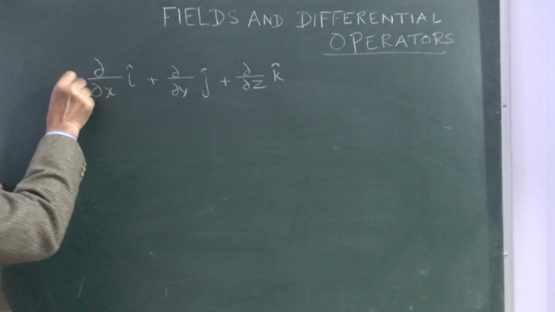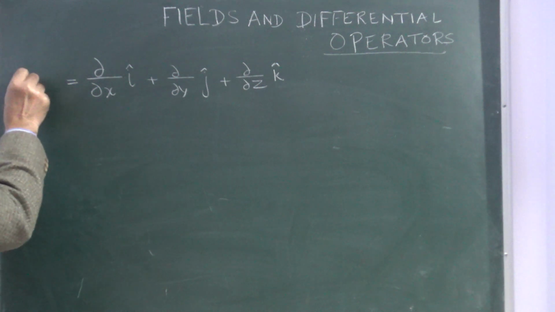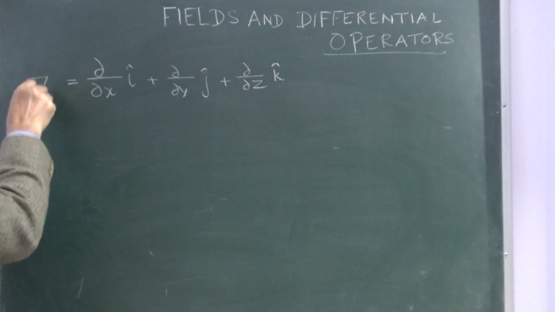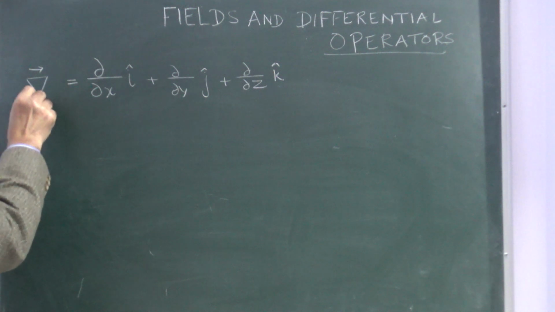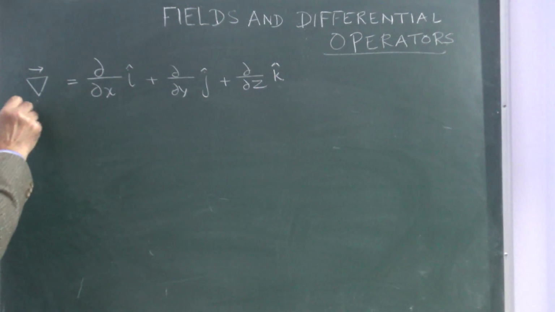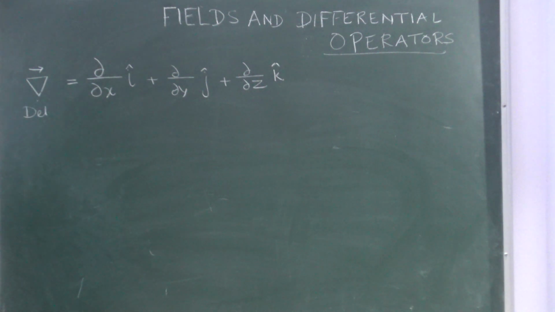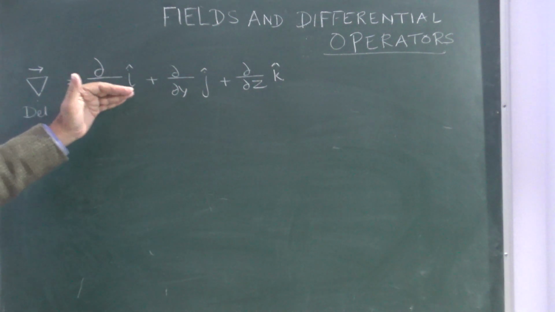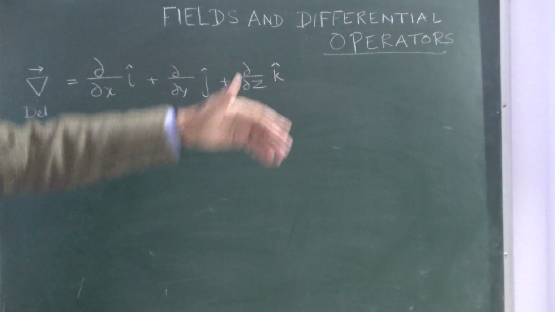This is represented by a symbol like this, and this is called differential operator or simply del operator. So del operator is nothing but differentiation along all the three axes.